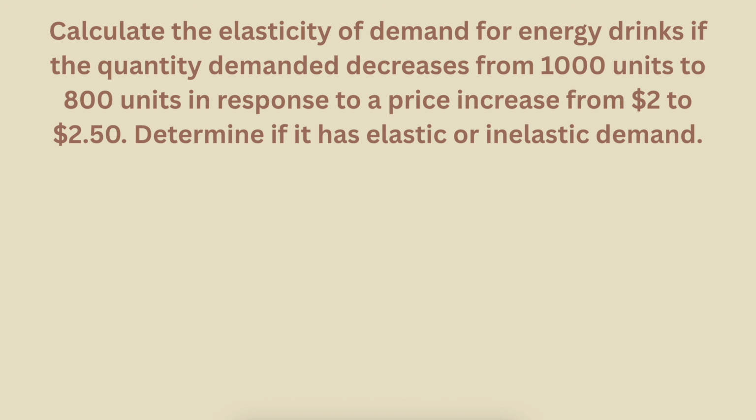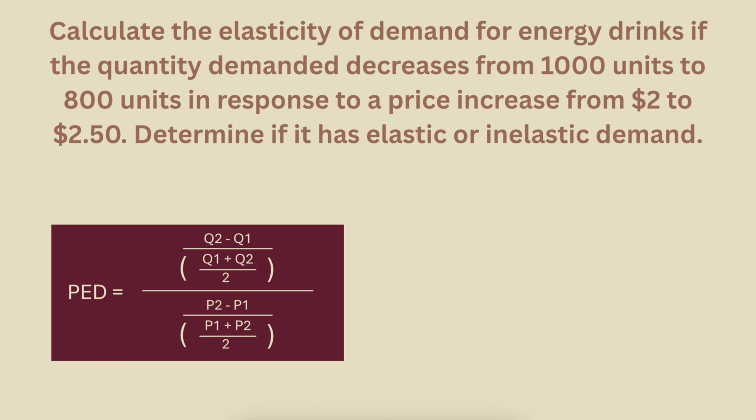Now we are given whole numbers, so we have to use the midpoint method. The new quantity minus the old quantity is 800 minus 1,000 over Q1 plus Q2, which is 1,000 plus 800, divided by 2.